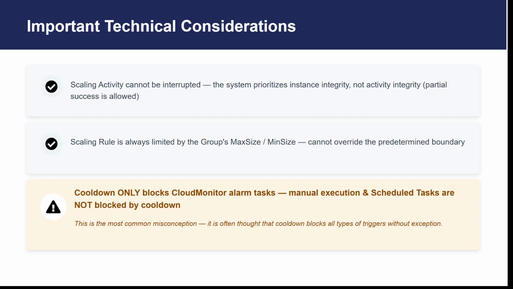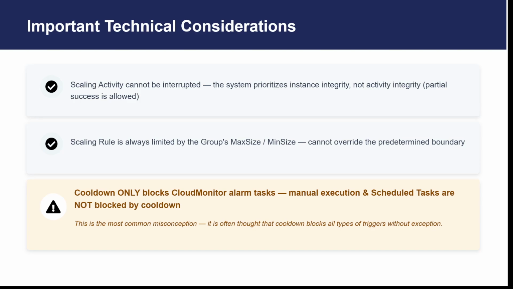Next, the important technical considerations. A few details here are easy to get wrong. First, a scaling activity can't be interrupted mid-process, and if it partially fails, the system prioritizes the integrity of the instance over the integrity of the activity itself. Second, a scaling rule is always capped by the group's max and min size.